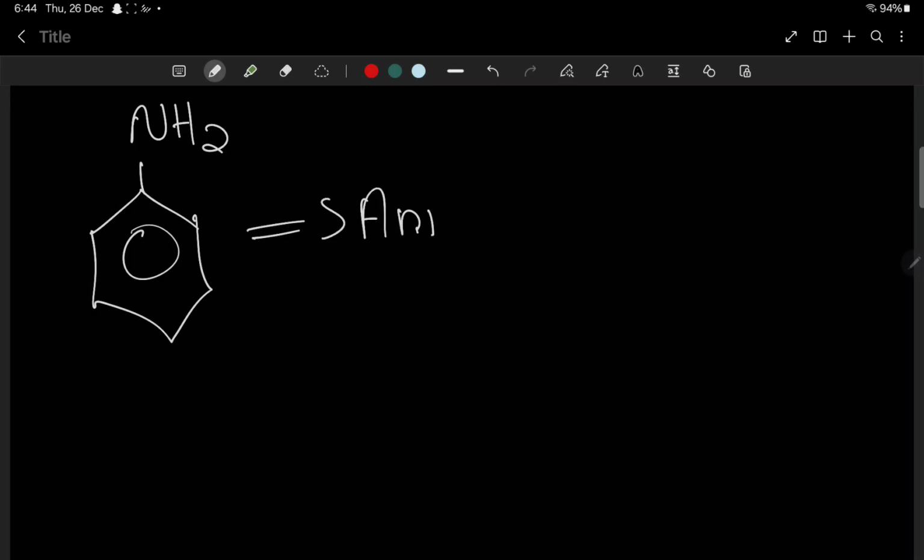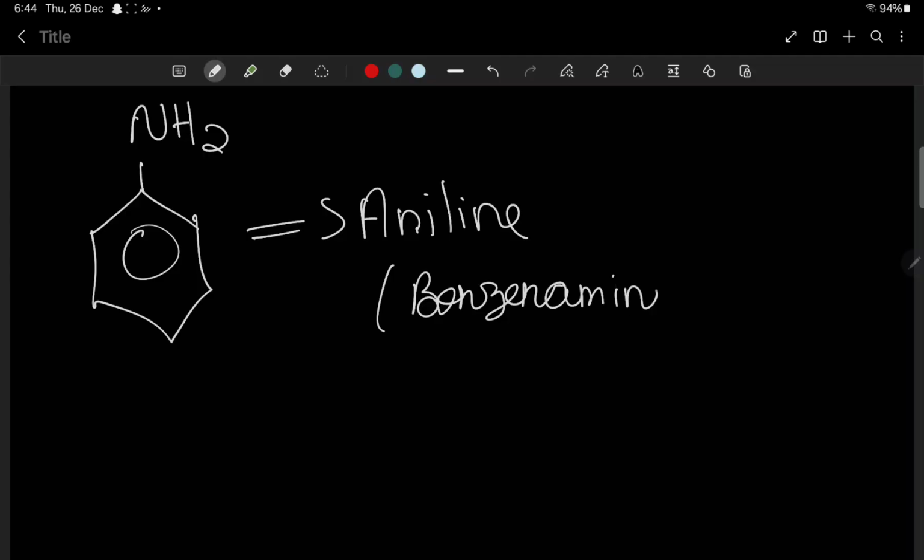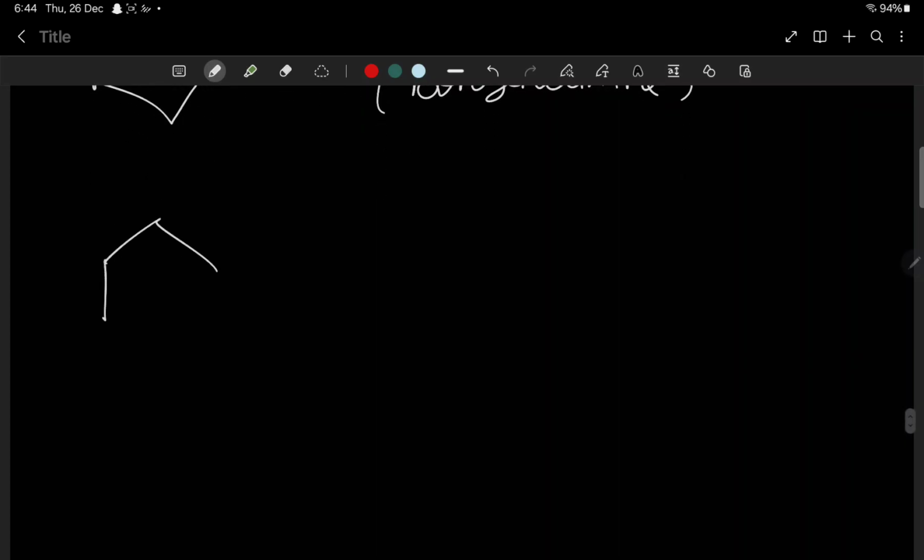Now some important common names. This is the most important common name. Yes, this is called aniline. Its IUPAC name is benzenamine. You know that aniline is also an accepted IUPAC name. Now we will look at some important common names. If NH2 comes here and a CH3 group is here, this will be called 2-methyl aniline.